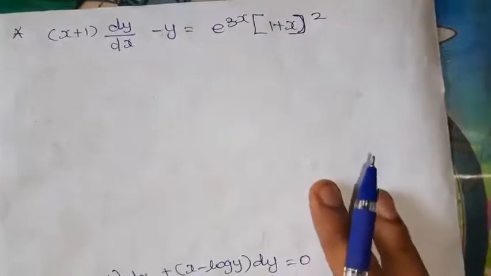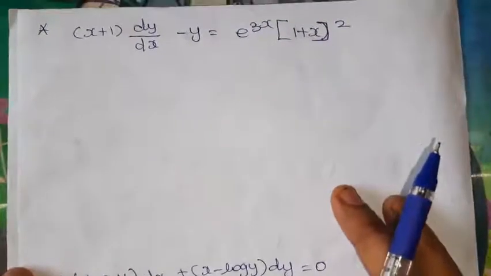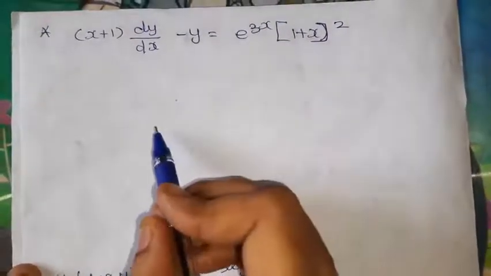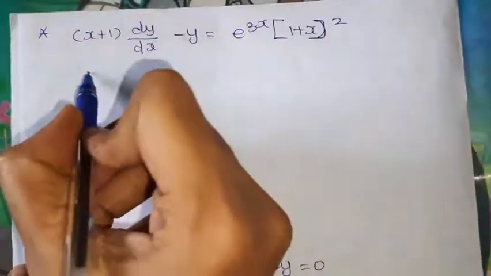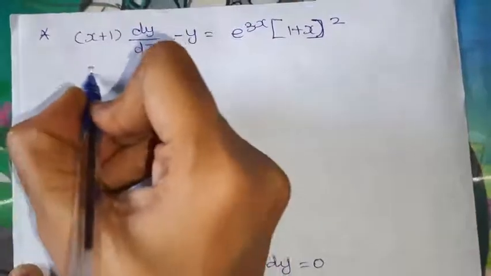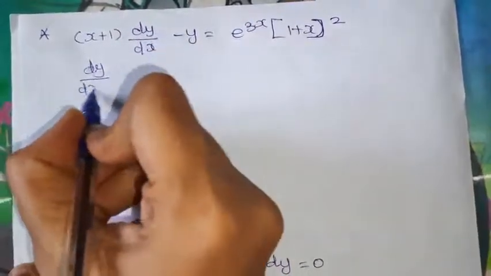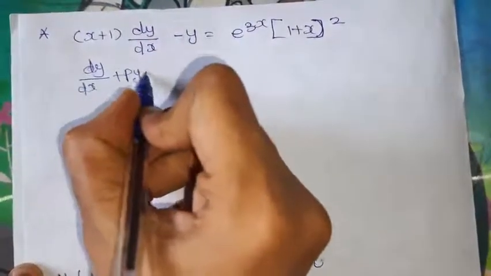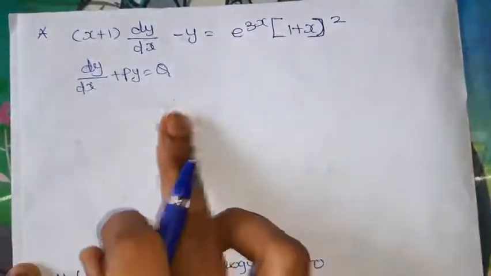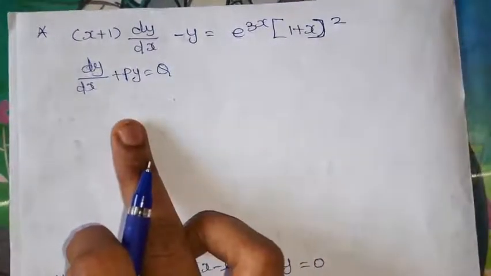square. So, how will the differential equation look? dy by dx plus Py equals Q. This is the standard form of the Leibniz linear differential equation.